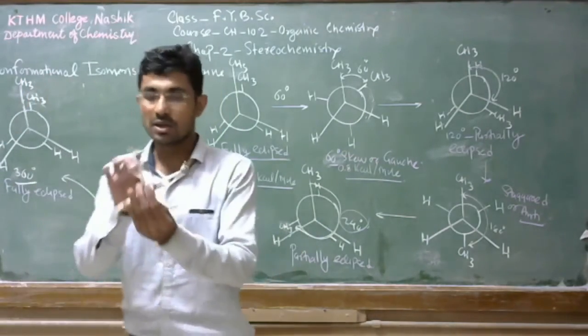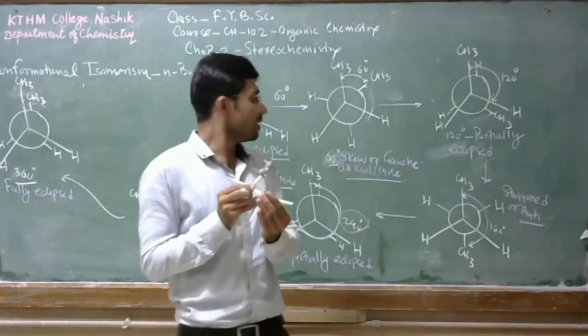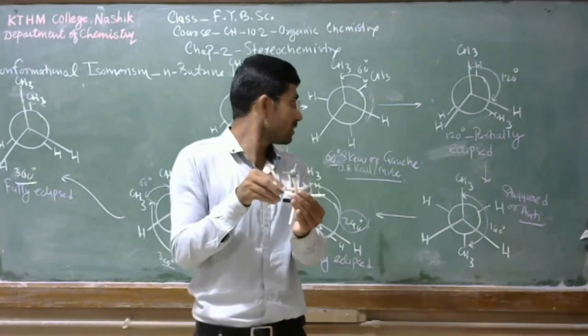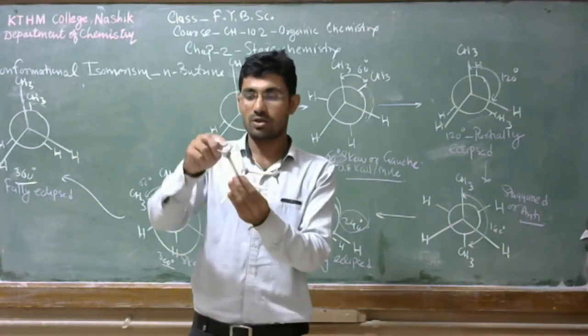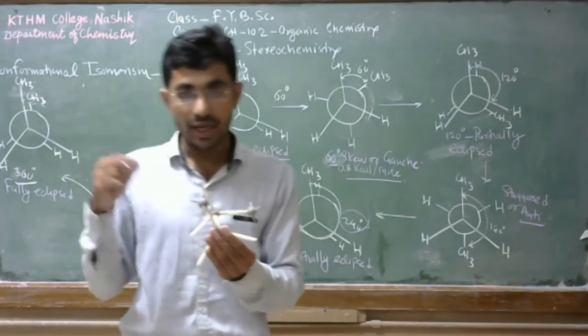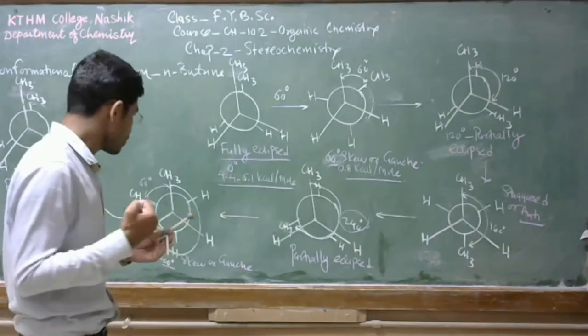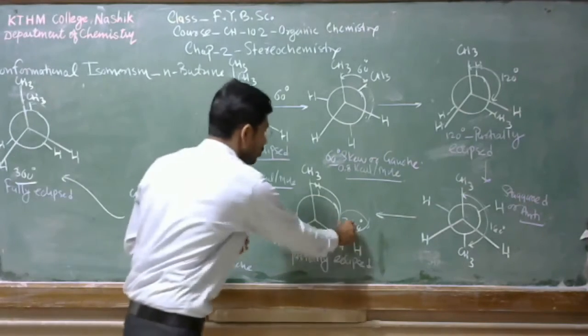Okay, so this is our gauche or skew conformation. Next, if you rotate the angle again by 60, the relative angle between these two methyl groups is how much? 120. In that situation, we call it the partial eclipse conformation. The same situation we can observe for the angle 240 also.